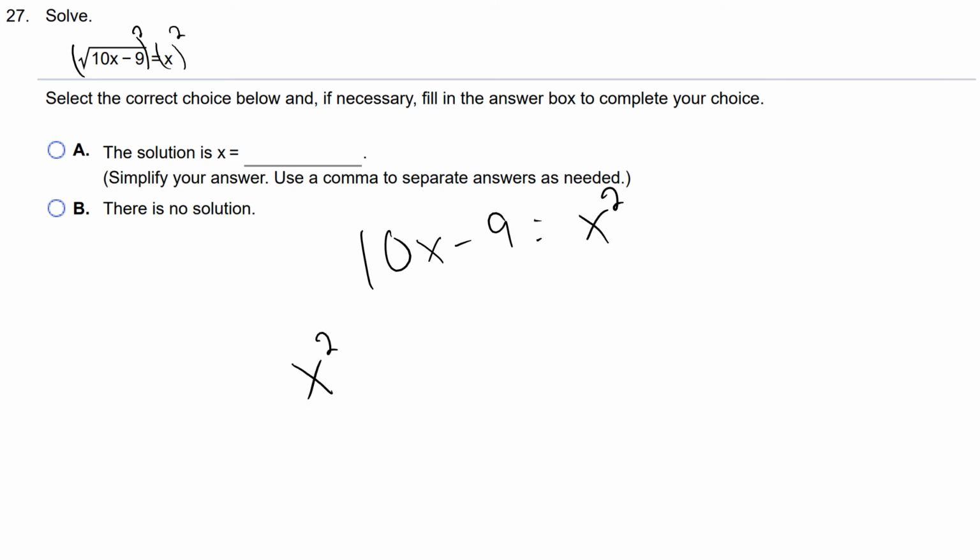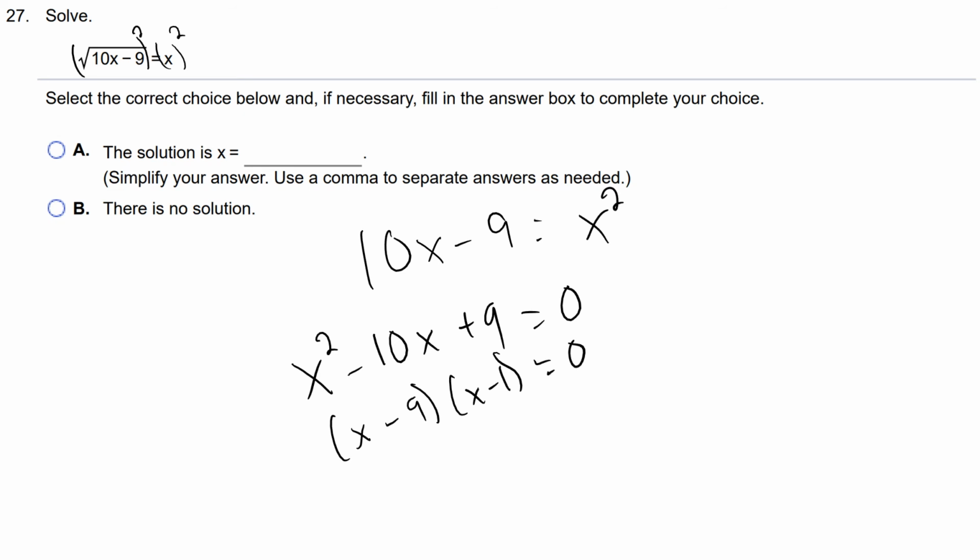So I'm going to say x squared minus 10x plus 9 equals 0. I'm going to solve this by factoring because what jumps out at me is this is going to be an x minus 9 and an x minus 1, okay? We talked about factoring in our last class. And that means our answers are not negative 9 and 1, it's actually positive 9 and positive 1.